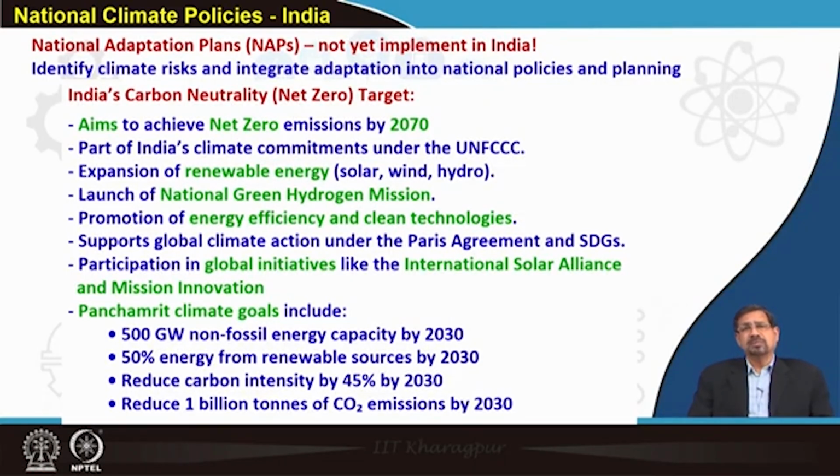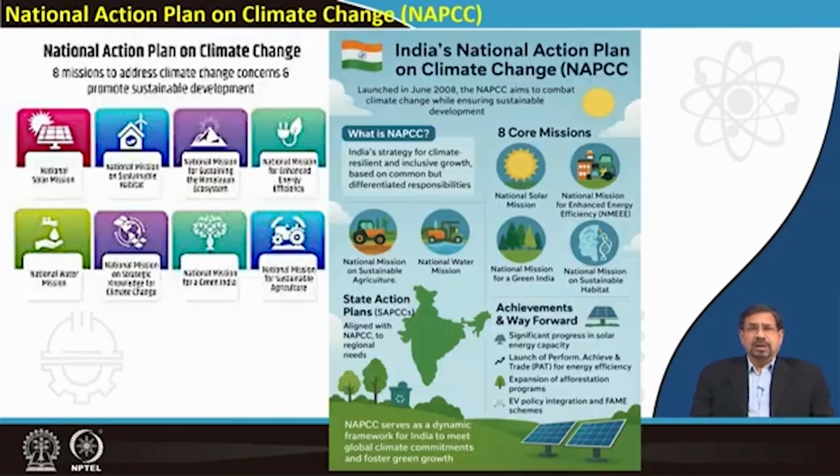Second, 50% of the energy requirement will be met from renewable sources by 2030. Third, reduction in carbon intensity by up to 45% by 2030, and reduction of 1 billion tons of carbon dioxide emissions by 2030. So, these 4 have been committed to be achieved by 2030. And the last one is, if we do this, we are on the pathway to achieving net zero emission by 2070.